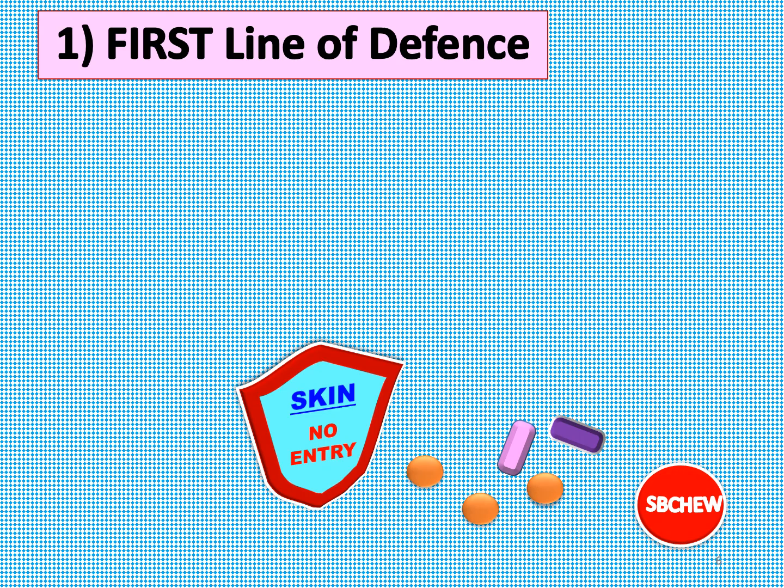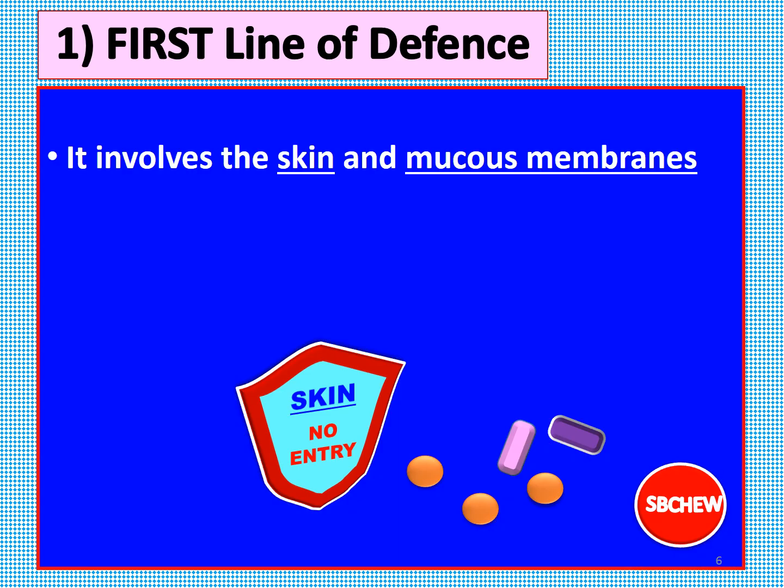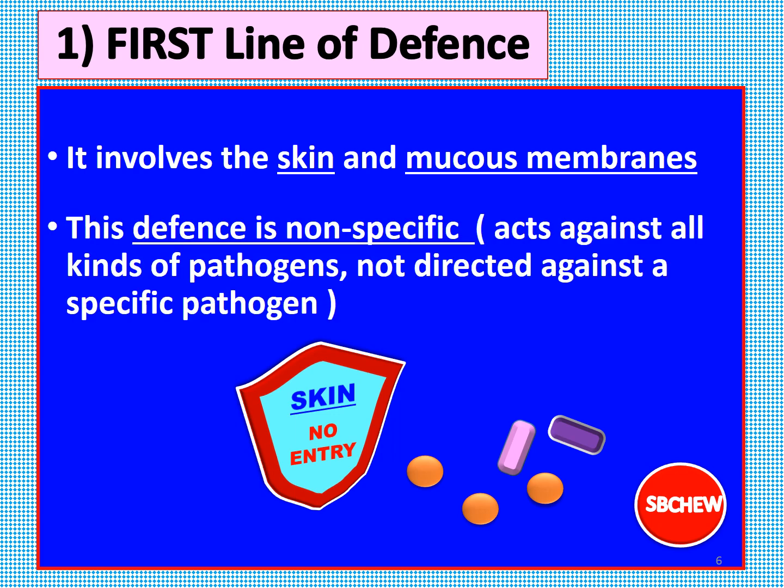So let us study the three lines of defense, starting from the first line of defense. The first line of defense involves the skin and the mucous membranes, which are like barriers to prevent the entry of pathogens into the body. This type of defense is non-specific.